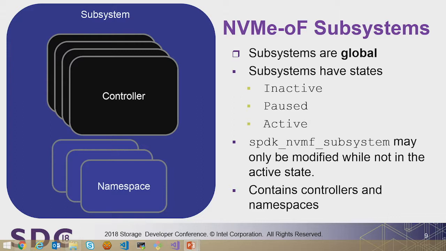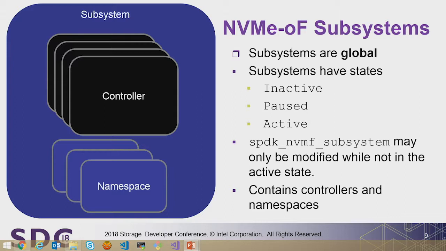Similarly, subsystems are not necessarily real things. Subsystems are access control lists, and that's it. You place a namespace inside of a subsystem. A namespace, again, is a bdev. That's a real thing, a block device, right?